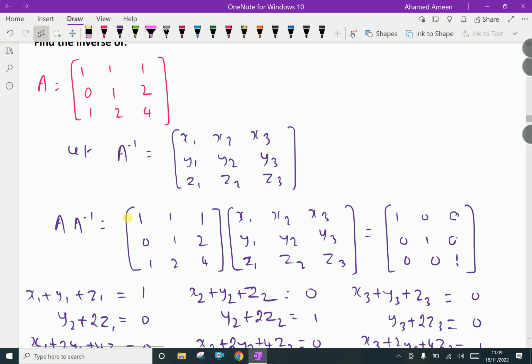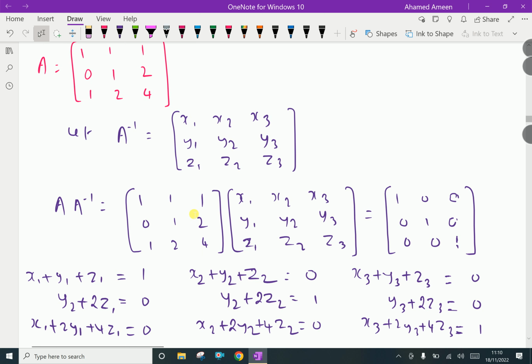A into A inverse: A is given as 1 1 1, 0 1 2, 1 2 4, and this is the inverse matrix. This is equal to the identity matrix, 1 0 0, 0 1 0, 0 0 1. The diagonals are 1.